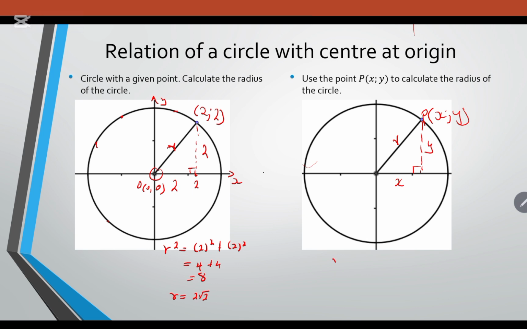So, using Pythagoras, r squared is equal to x squared plus y squared. This is the equation that defines every point on the circumference of the circle. And therefore, this is the equation of the circle that has its center at the origin on a set of axes.